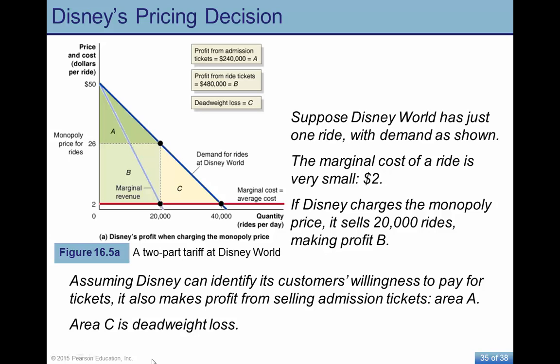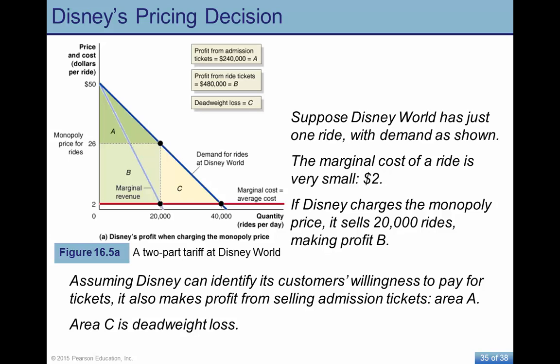Look at the graph. This is Disney's graph, and with one price, they will make profit B for 20,000 rides. Look at here. Marginal cost is only $2, and they charge a $26 price, and they have 20,000 rides.